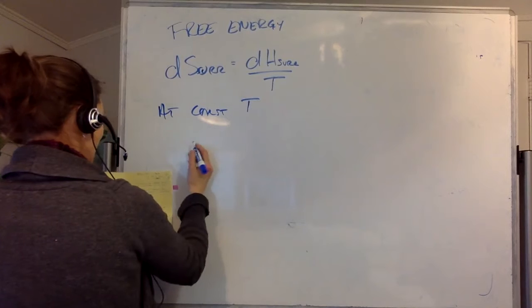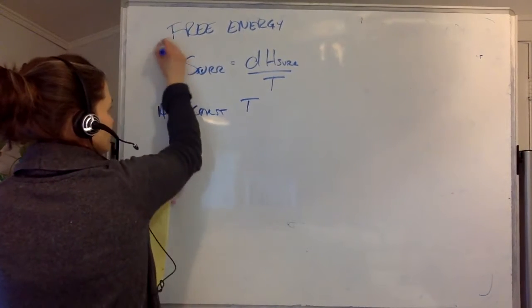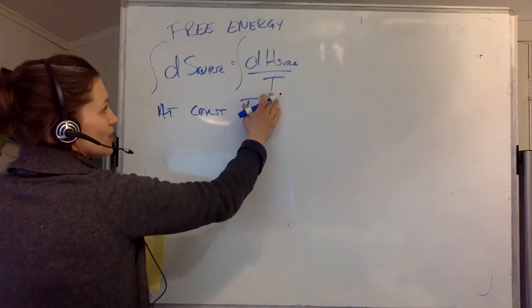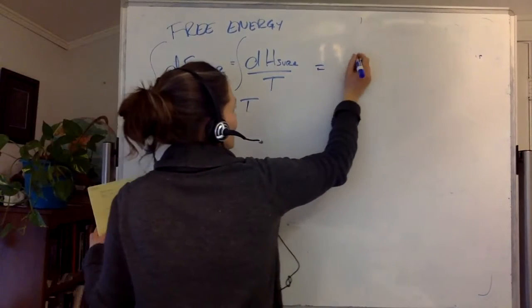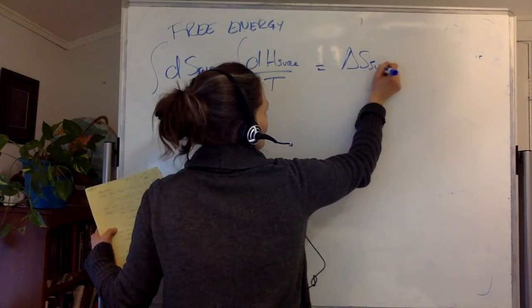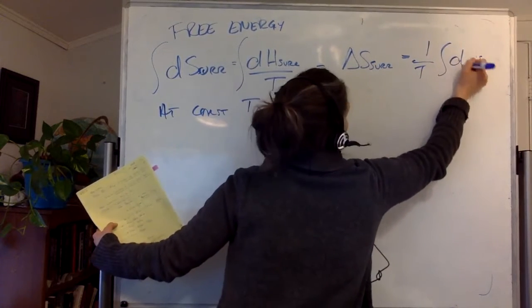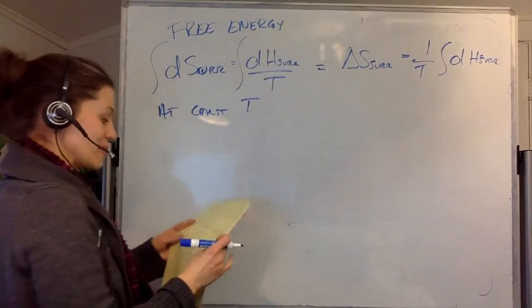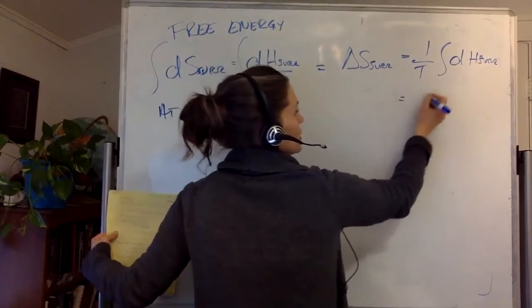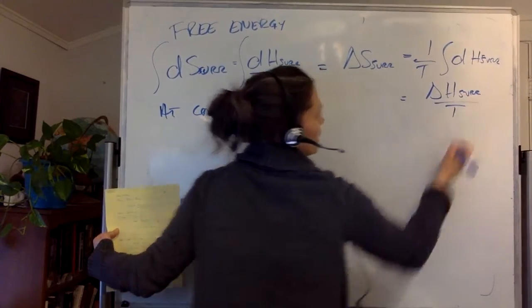We're going to integrate this, and at constant temperature, that means that this temperature can come out of the integrand, and we're left with delta S surroundings is equal to 1 over T integral dH surroundings. Well, that's lovely, because that just becomes delta H surroundings over T.